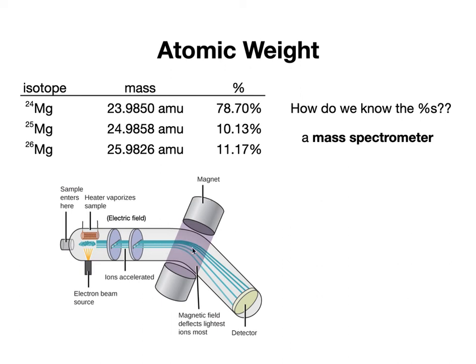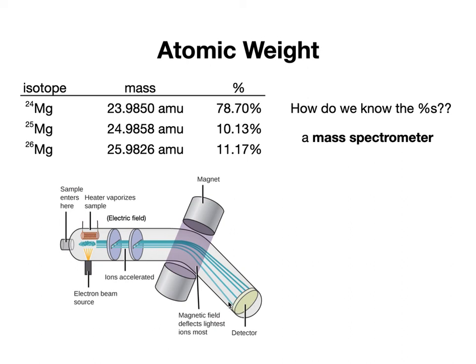Now, when they get to this magnet, that causes the beam to bend, or the beam is deflected. Okay, it says here the magnetic field deflects the lightest ions the most. So you're shooting some ions through here. The ones that are the lightest are the ones that are going to be the easiest to deflect. So then you have a detector here.